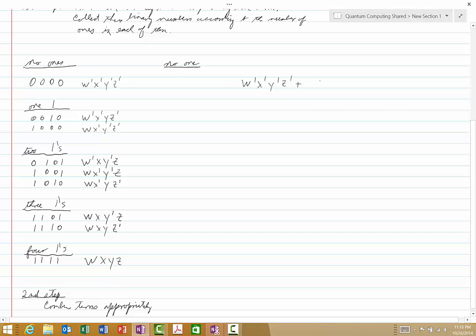Now remember, all of these are ORed together, so we're just going to take two of those terms that are ORed together, W prime, X prime, Y, Z prime. And notice that this could be written as W prime, X prime, Z prime times (Y prime or Y), but Y prime or Y is equal to 1, and so this is the same thing as W prime, X prime, Z prime.